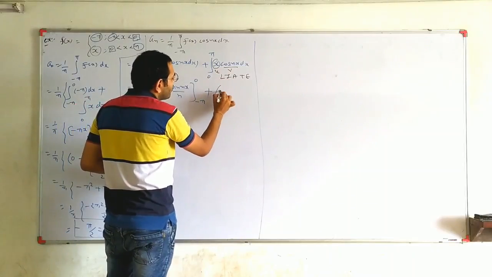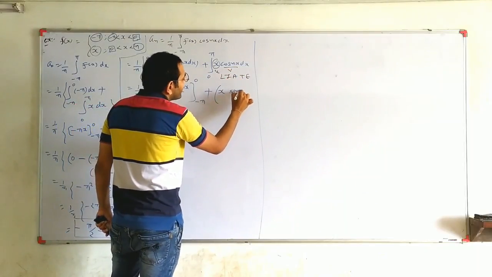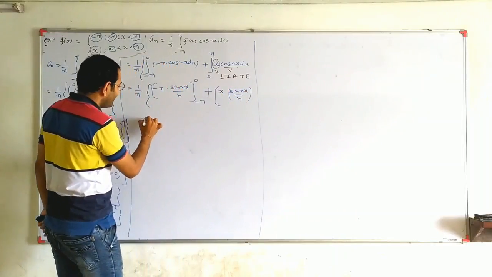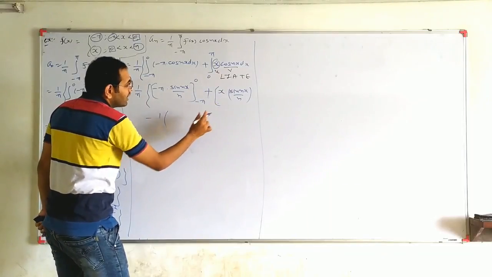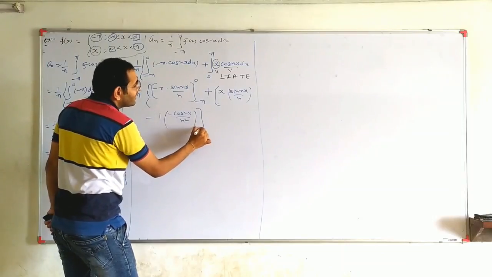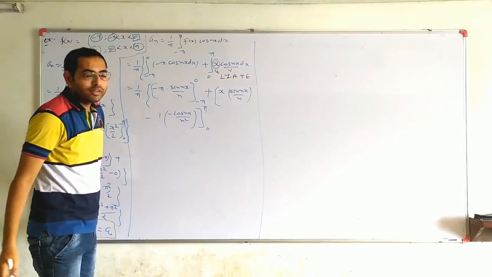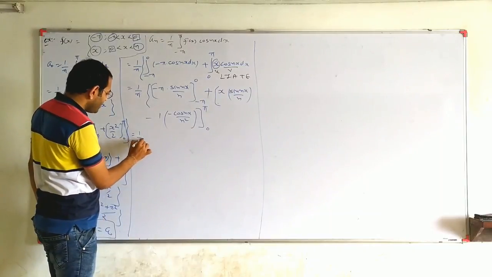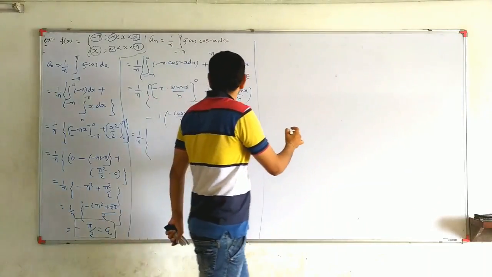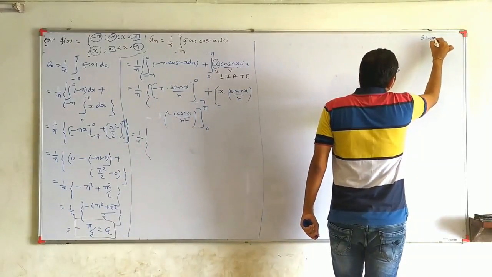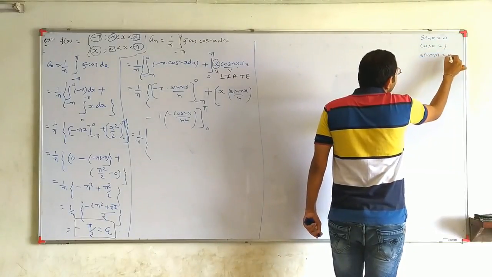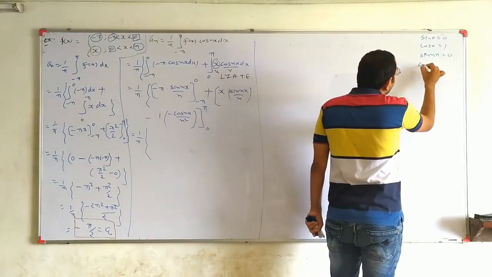In Bernoulli's formula, u as it is times integral of v, that is sin nx by n, minus derivative of u, that is 1, times integral of that term, that is minus cos nx upon n square, with limits 0 to pi. Then upper limit minus lower limit, 1 upon pi. Here sin 0 is 0, cos 0 is 1, sin n pi is 0, cos n pi is minus 1 raised to n.